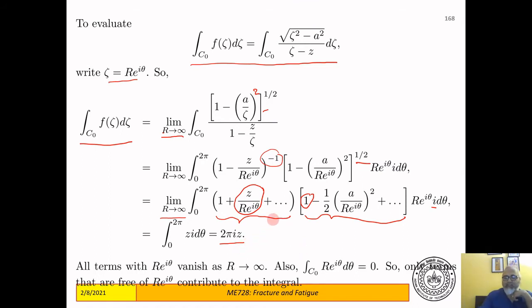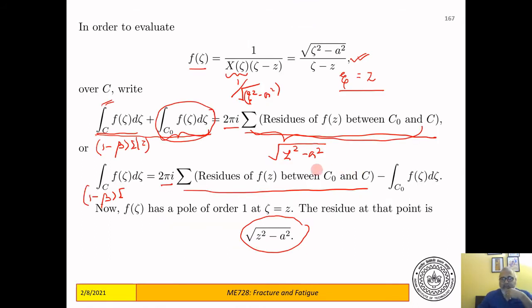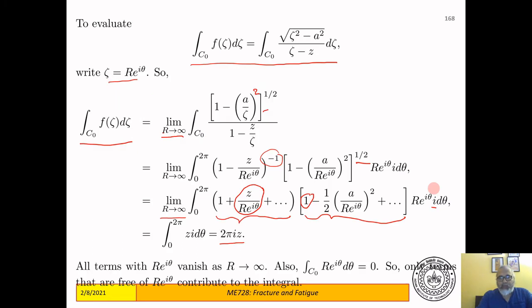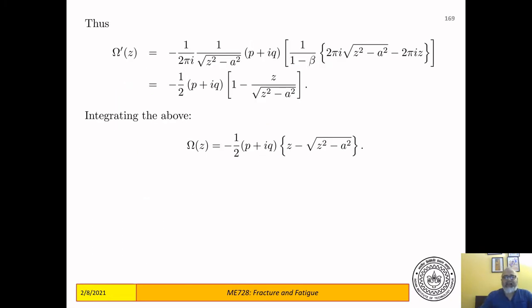So now I have everything. I have the residue of this. I know that this term is 2 pi i z, and therefore I now have the entire omega prime z.